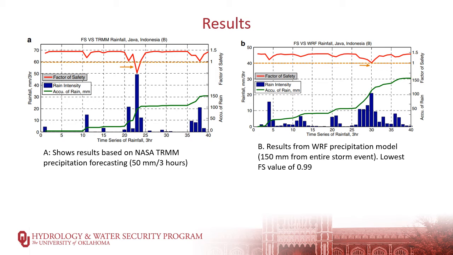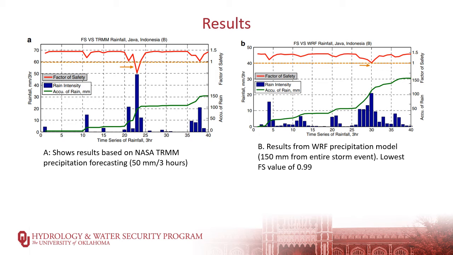So moving on to the results, you can see in Figure A on the left, this was the model that was based on the NASA TRMM in Indonesia. As you can see, the red line is the factor of safety, and on the bottom part of the graph, the green represents the accumulation over time, and the bars represent the rain intensity.